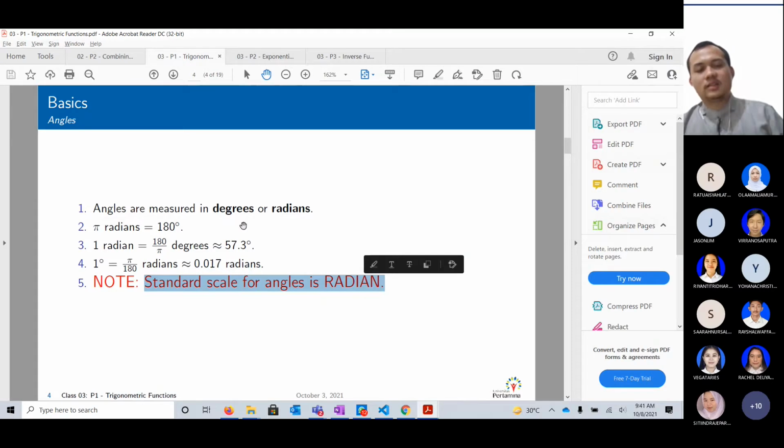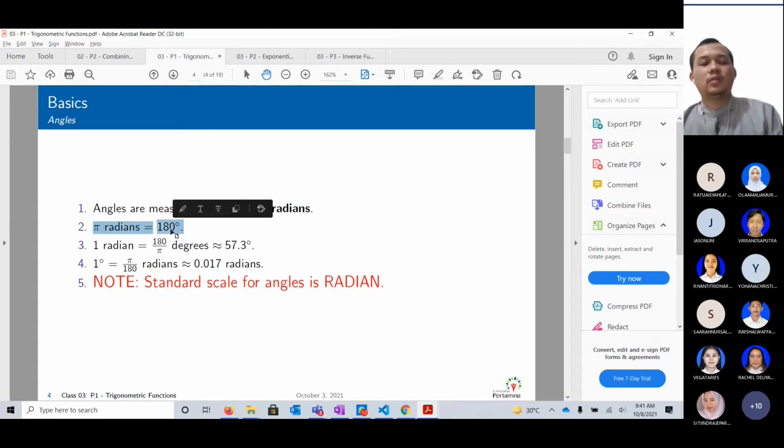What is radians? So π radians is basically 180 degrees. So 1 radian is about 180 over π degrees, or approximately 57.3 degrees. And 1 degree is around π over 180 radians, or approximately 0.017 radians.